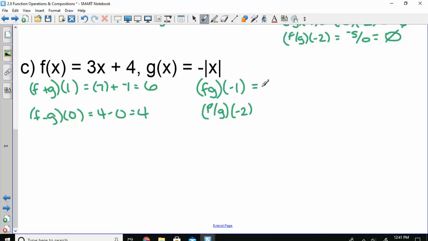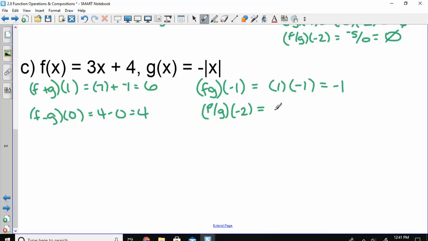F times g of negative 1. So f of negative 1 is 1. G of negative 1 is the opposite of the absolute value. Absolute value of negative 1 is 1. The opposite of that is negative 1. We get negative 1. F divided by g of negative 2.